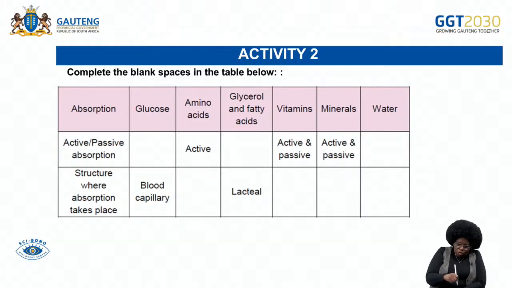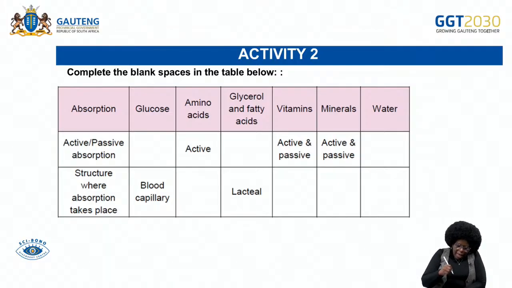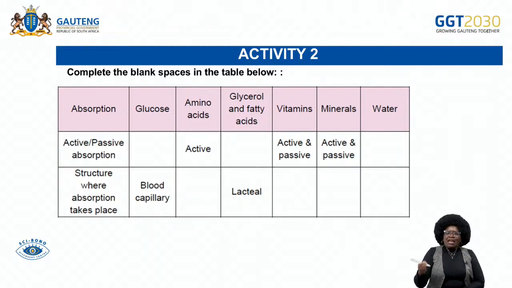what is producing the end product of glucose. Who can remember? Glucose comes from what? Is it carbohydrates or is it protein? Somebody knows about it?